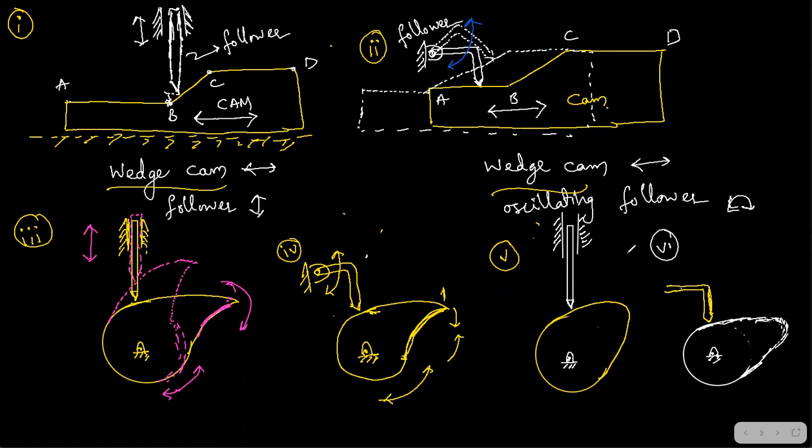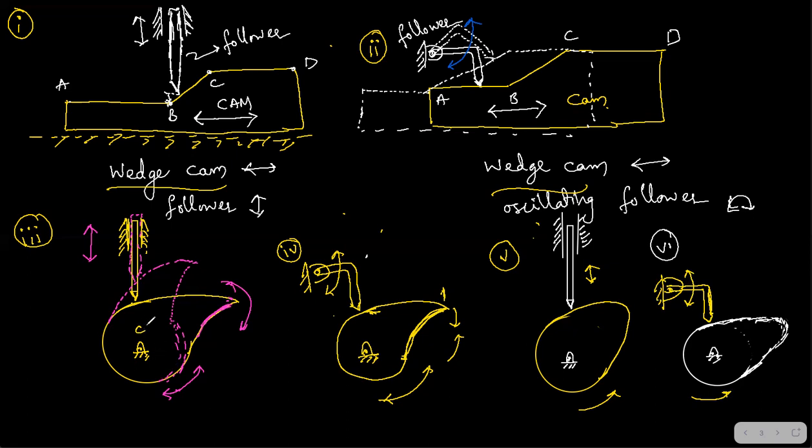So this is about which the follower will oscillate. So this is oscillating and this is rotating. Here, this is rotating and this is reciprocating or translating. So the lower types, third one, fourth one, fifth one, and sixth one, are called disc or radial cams.